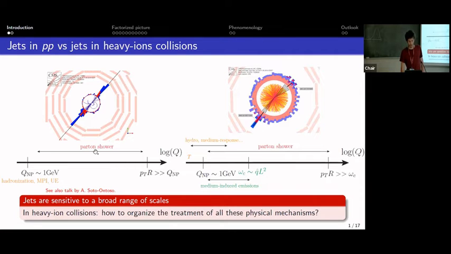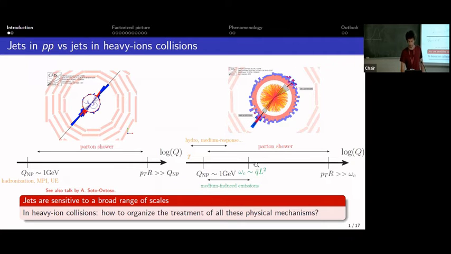In PP, we have this scale, from the hard process down to the non-perturbative scales, which gives large logarithms which need to be resummed to all orders. But the situation is simpler because we don't have any intermediate scales, which we do have in the dense QCD environment of heavy-ion collisions.